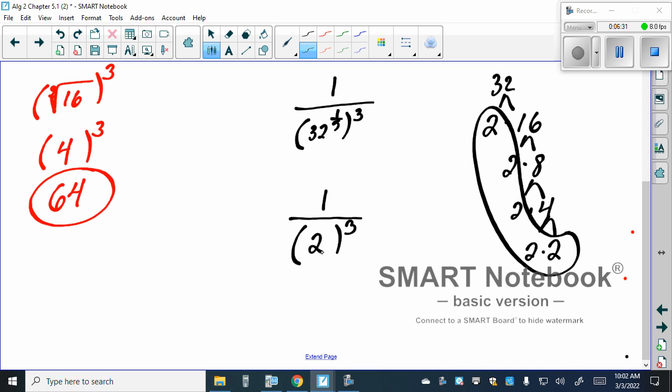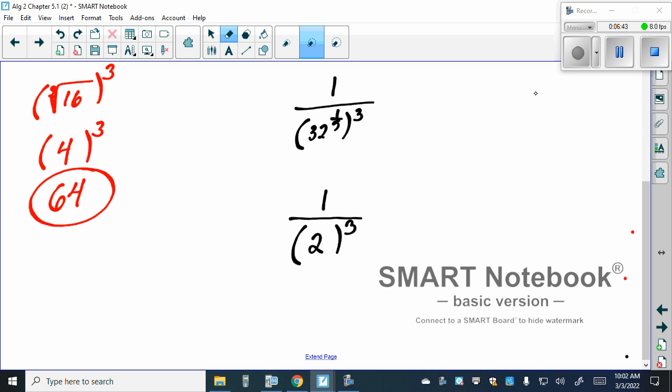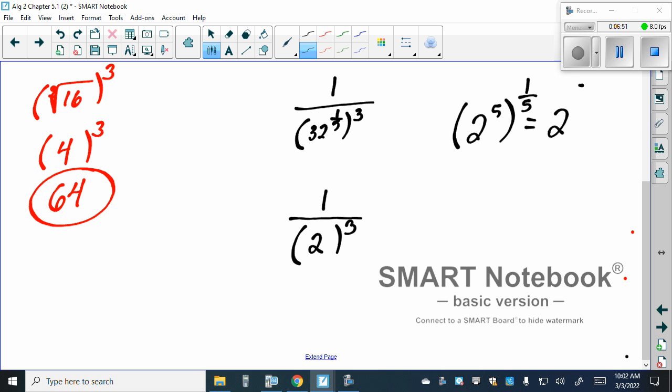So the 5th root of 32 is 2. Because really what we're saying here is that we have 2 to the 5th to the 1/5, which is 2 to the 5/5, which is just 2. Because powers of powers multiply together, so 5 times 1/5 would be 5/5. 5 divided by 5 is 1.